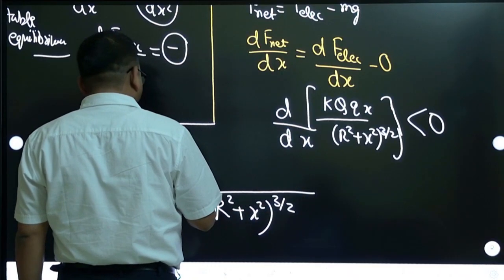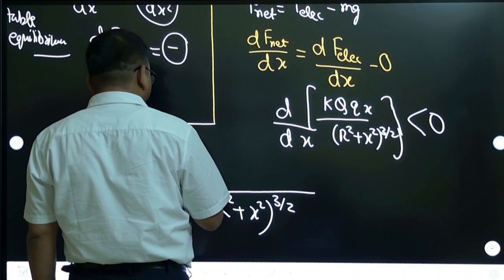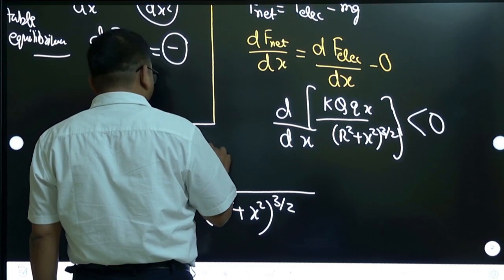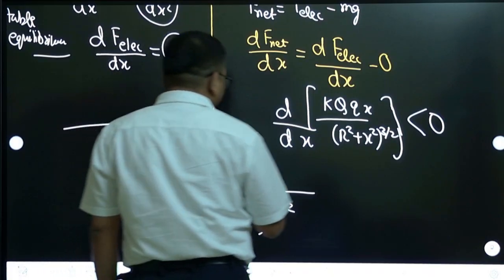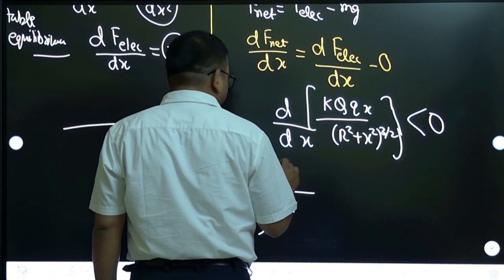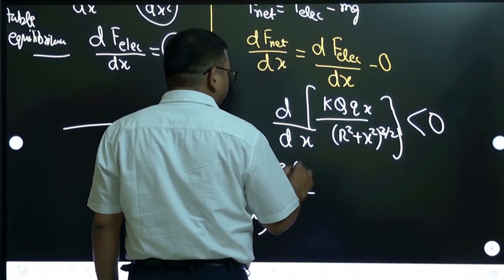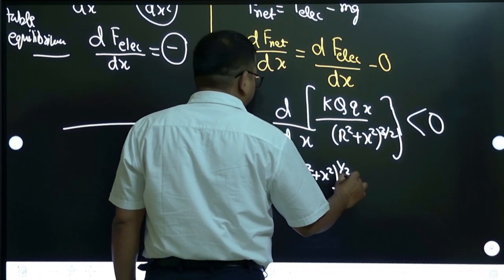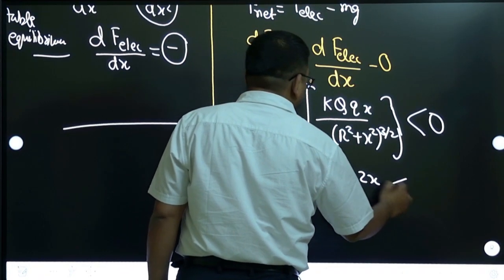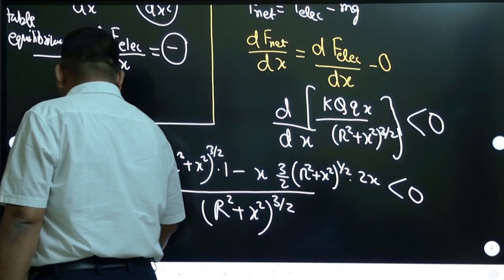Now leave this (r square plus x square) power 3 by 2, differentiate x, one, minus, same way leave this, differentiate this, so 3 by 2 (r square plus x square) power half, then 2x. This must be less than 0.